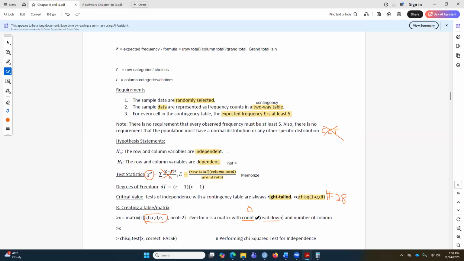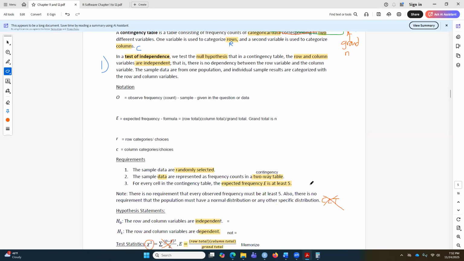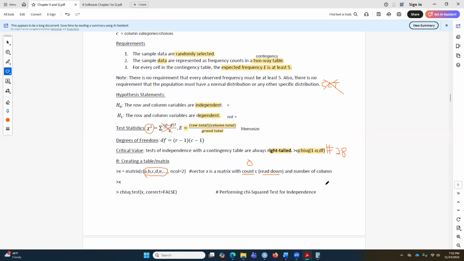Make sure you read the matrix down, the count downwards, which means you do 5, and then 10, and then 7, and then 3, 1, 2, and then 8, 8, 17. So I just want to point out again, you read it downwards like this. This is how you read your ABCD here.